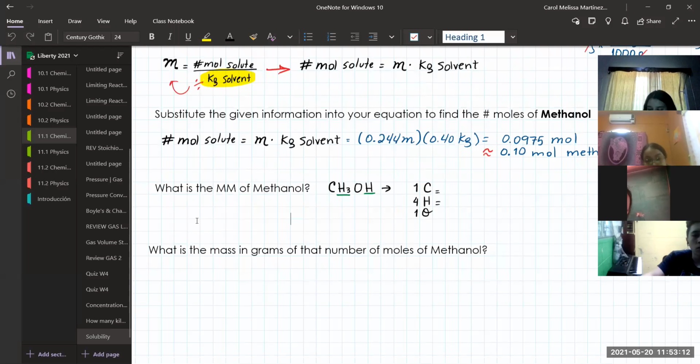So the molar mass is 1 times 12 grams, 4 times 1 gram, and 1 times 16 grams, which gives me 12 grams plus 4 grams plus 16 grams. In total, I have a molar mass of 32 grams per mole. This is the molar mass of methanol.